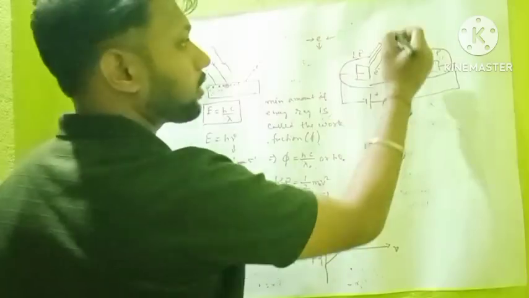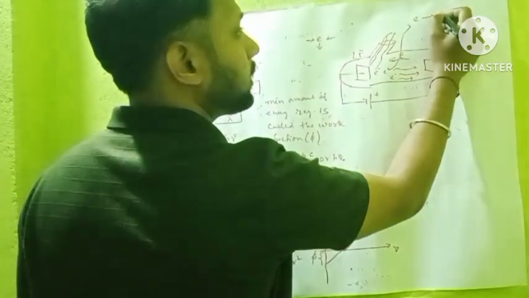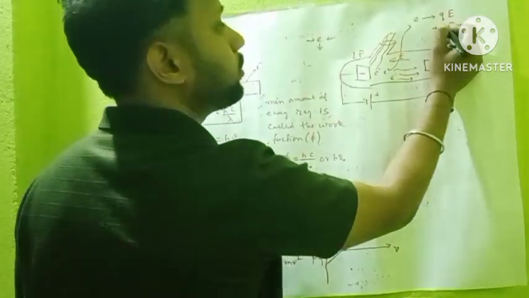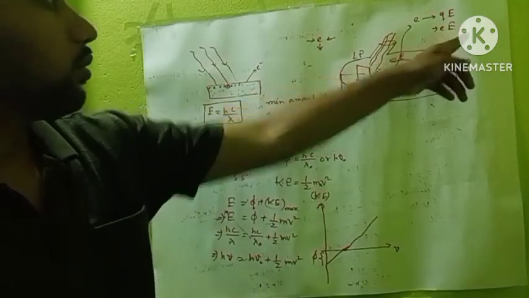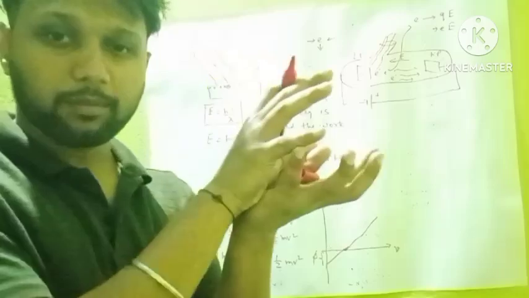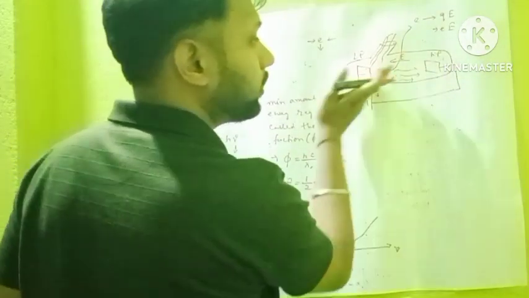So the electron experiences a force Q into E, and instead of Q we can say e into E, because Q is the charge of the electron. So the electrons will move in this direction.